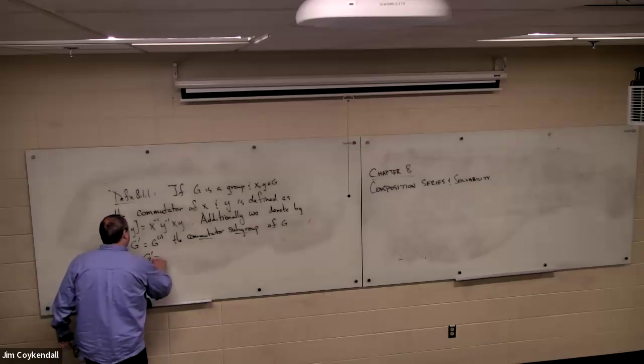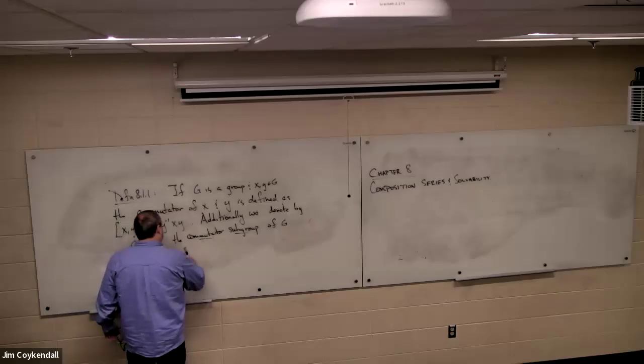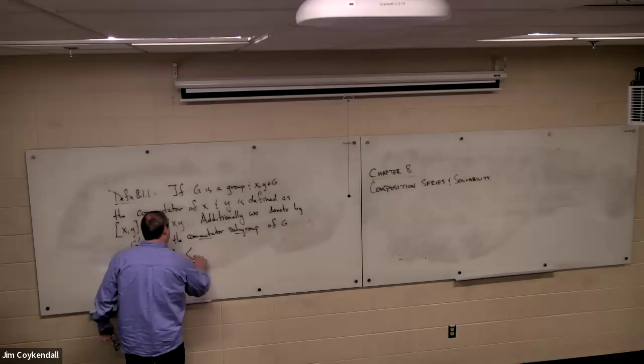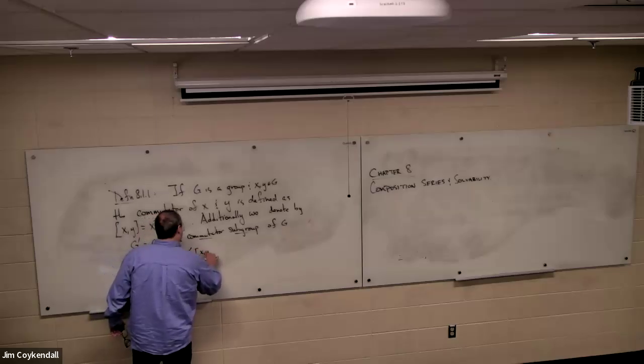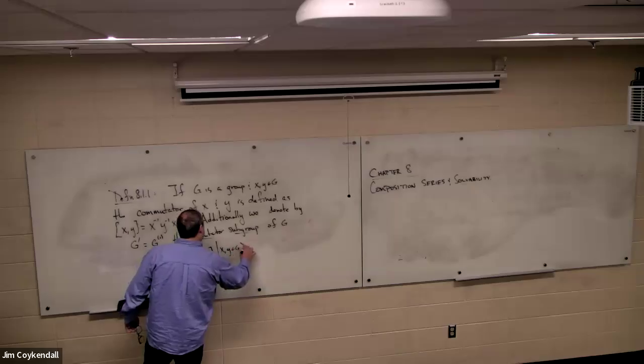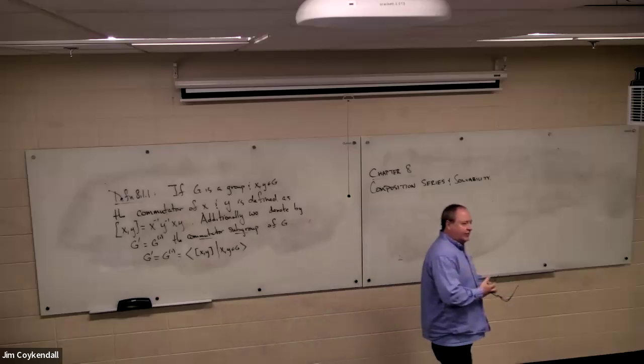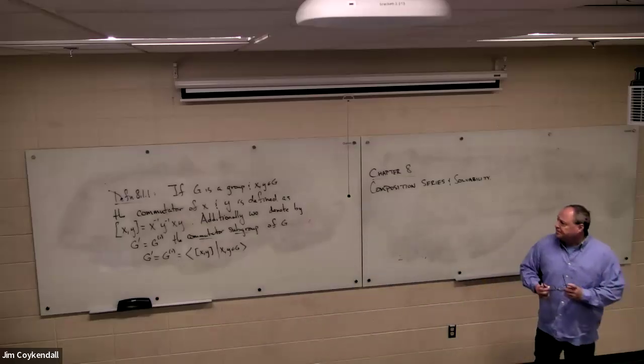In other words, this is the group generated by all commutators. So it's the smallest group that contains the set of all commutators.